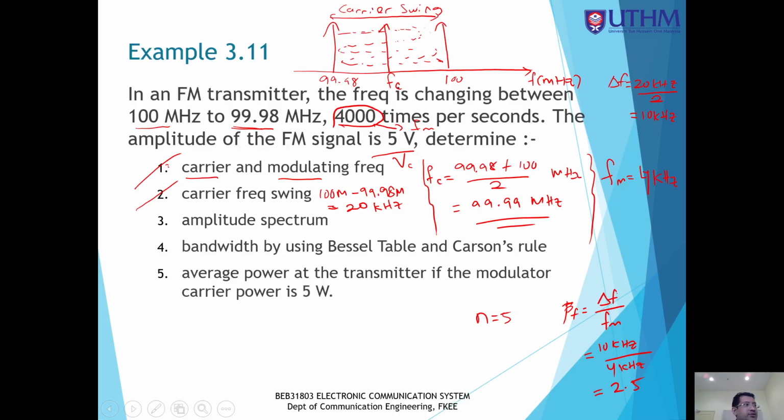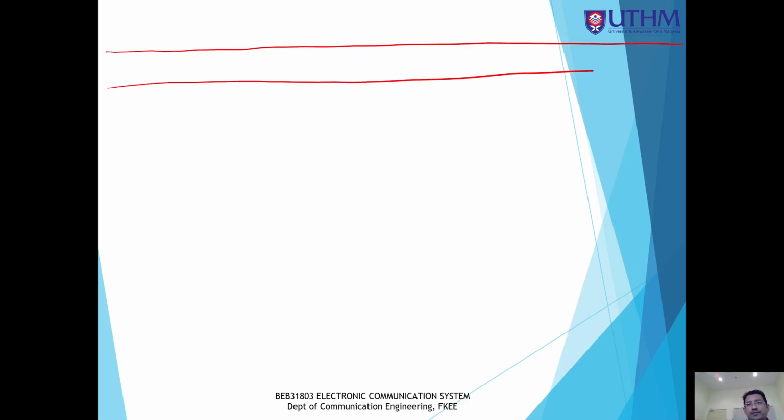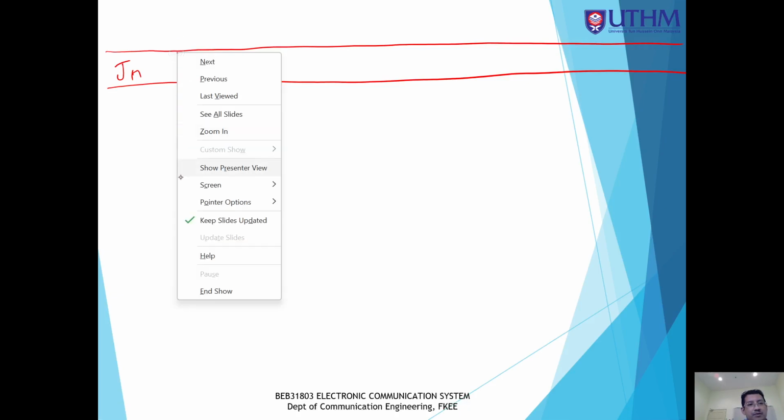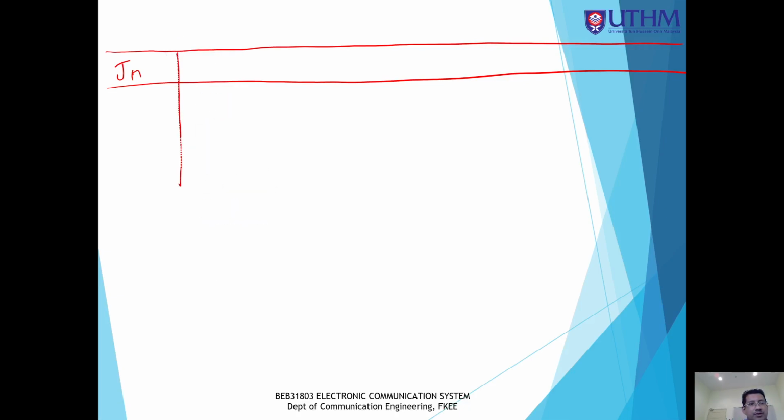So for n equal to 5, we can draw another table. The first column is Jn, the relative amplitudes.